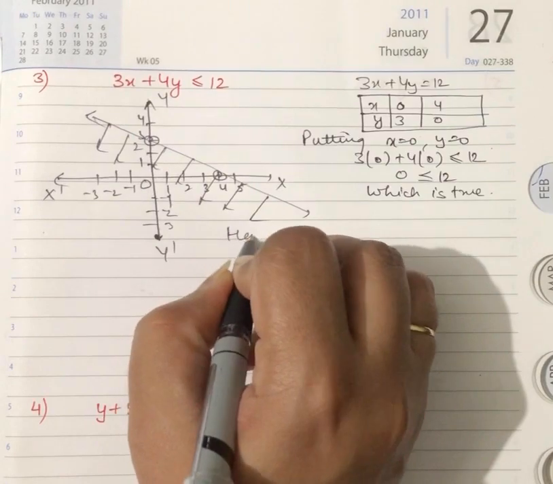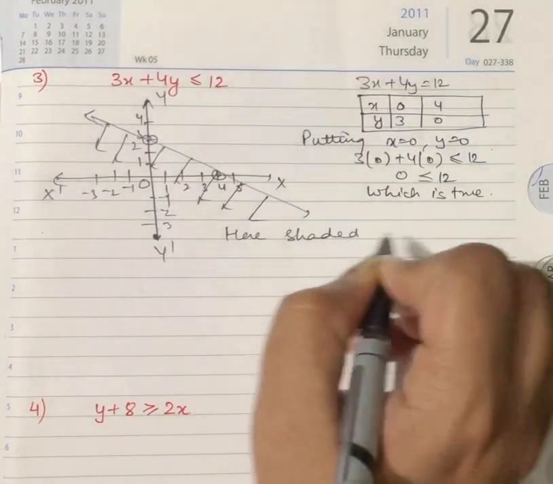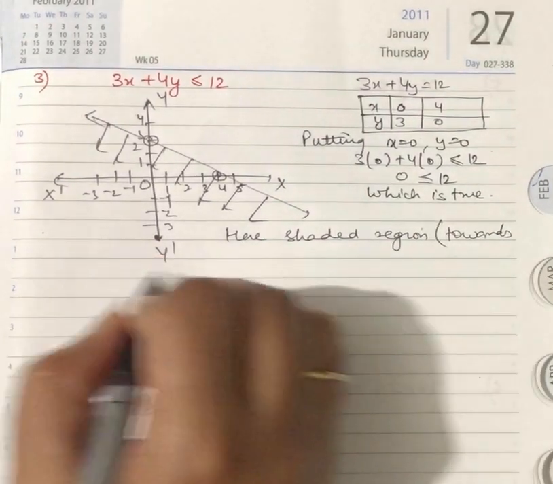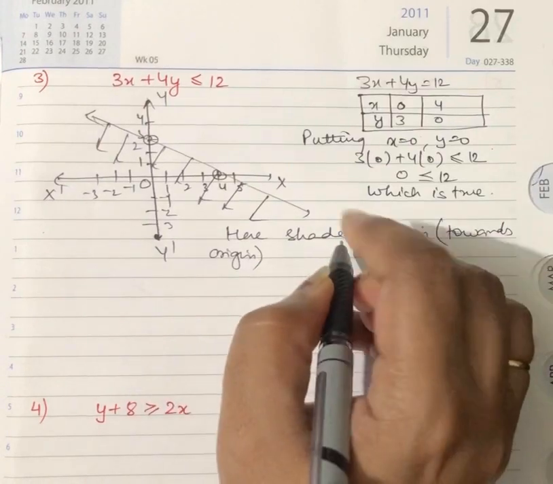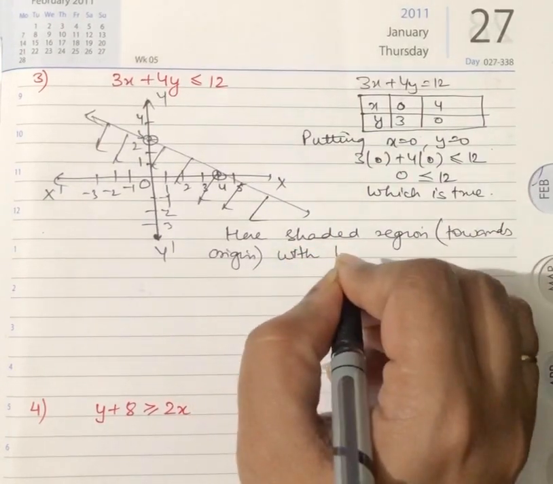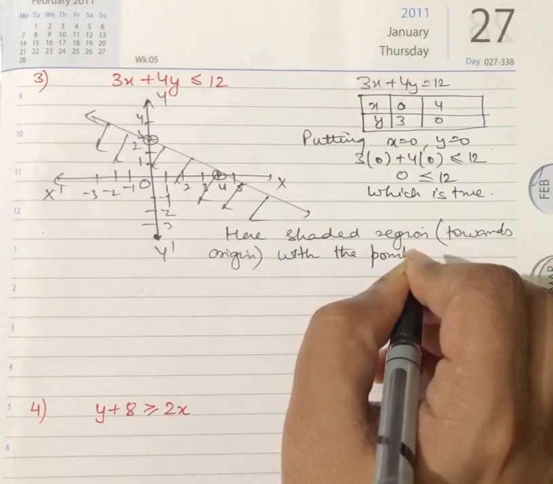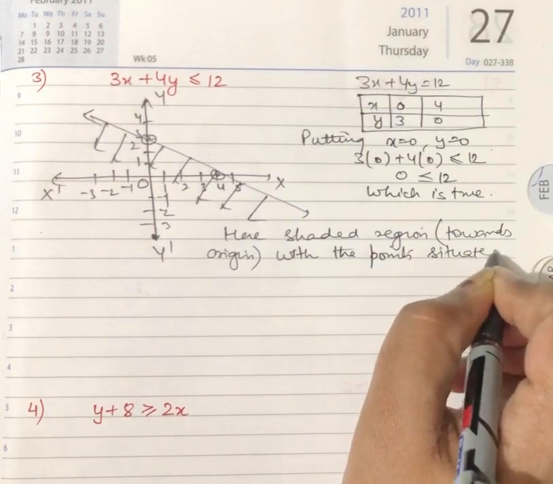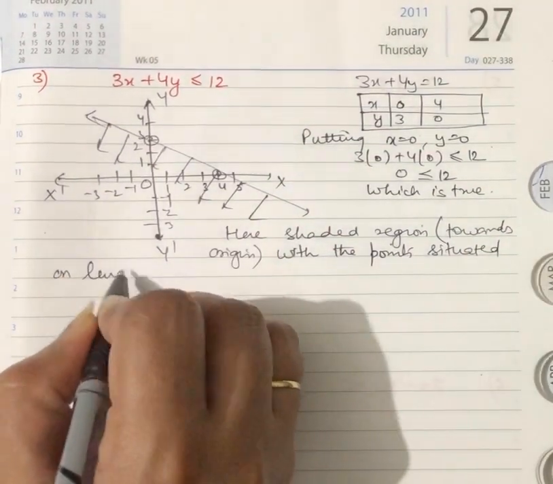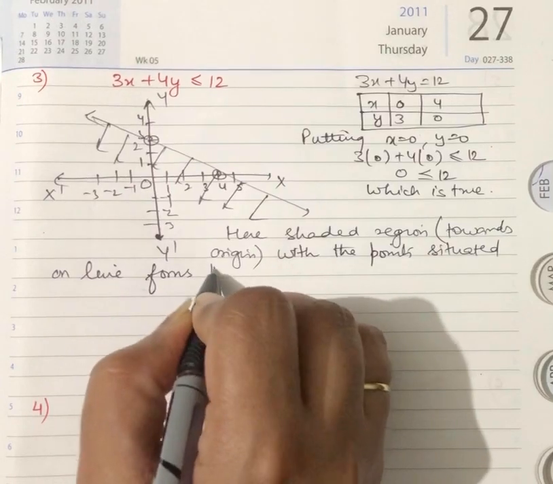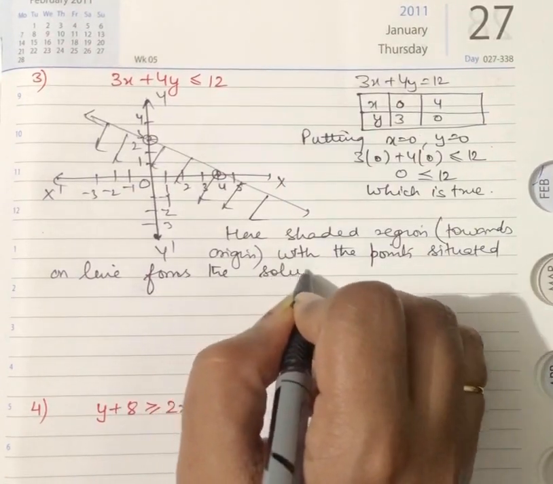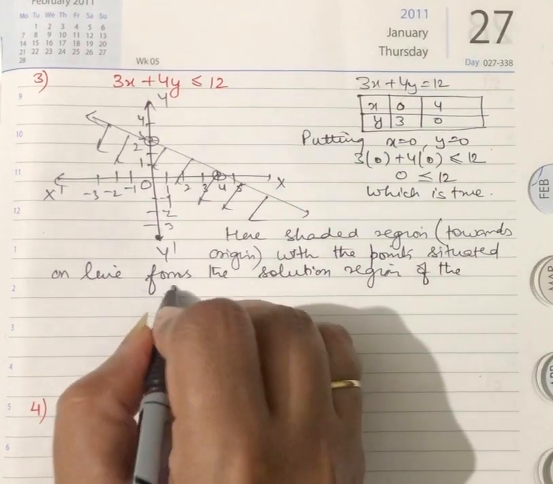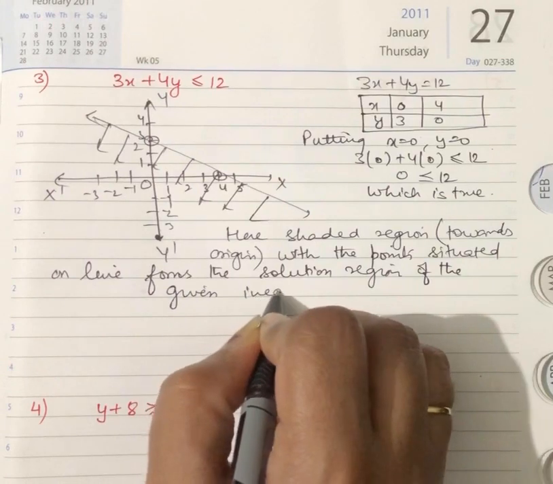So here shaded region towards origin, you can write it in bracket, with the points, because there is equality sign also, with the points situated on line forms the solution region of the given inequality.